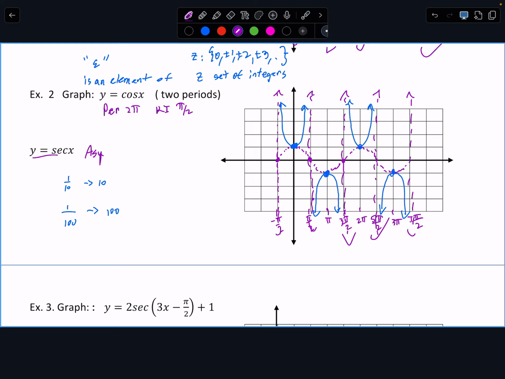So your asymptotes are at x equals negative pi halves, x equals pi halves, x equals 3 pi halves, x equals 5 pi halves, and x equals 7 pi halves.